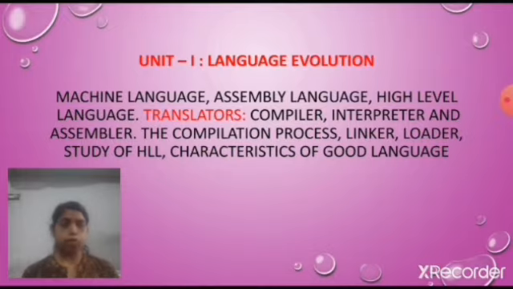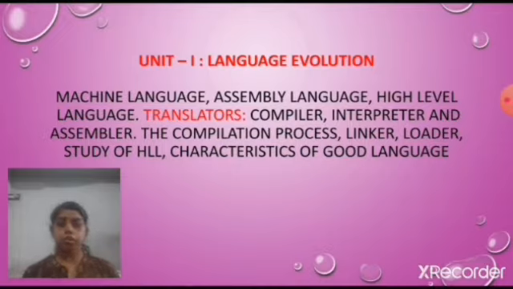In the earlier phase of the computer, there was only machine language, that is the zeros and ones language, also called binary language or first generation language. So 1GL is machine language. After that assembly language came, called 2GL, second generation language.